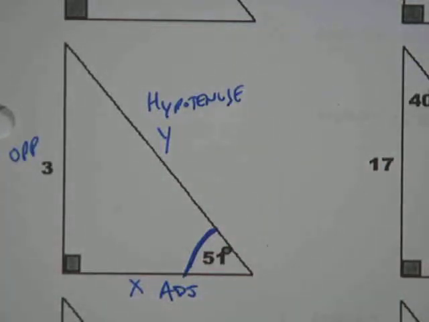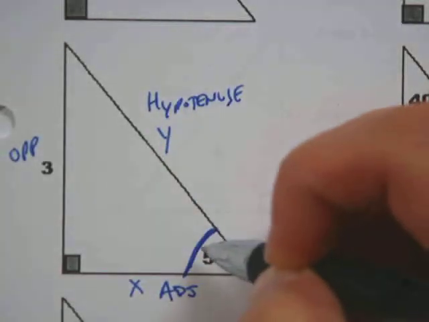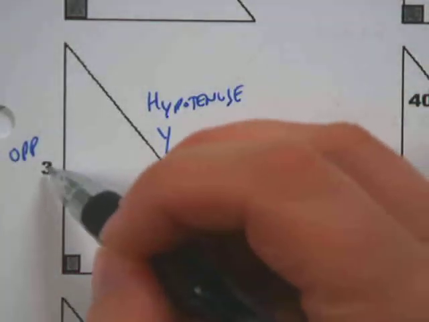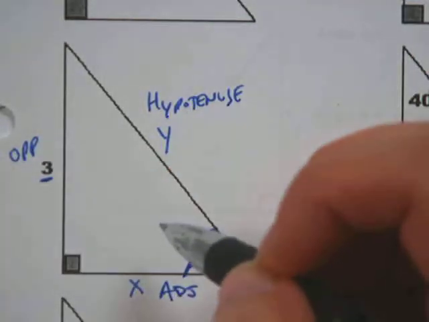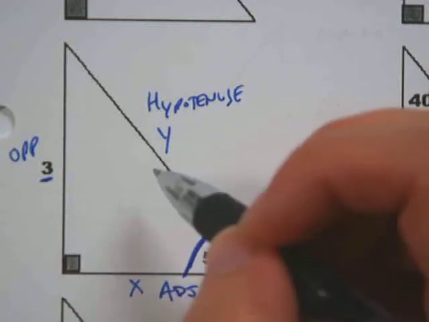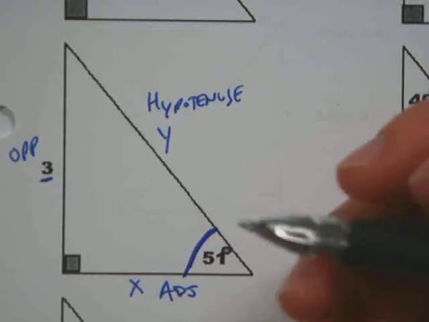Okay, so now that we have all of that labeled, we can start setting up some equations. So the first thing I'm going to do is try to find y. To find y, what we want to use each time in each of these equations is the side that we know. So I'm going to use the opposite side no matter what. So we have opposite and hypotenuse if I'm going to find y. So which of my three trig functions is what I'm asking myself.